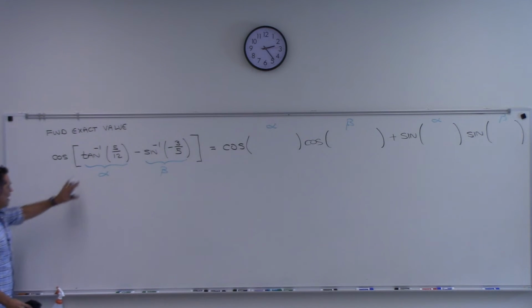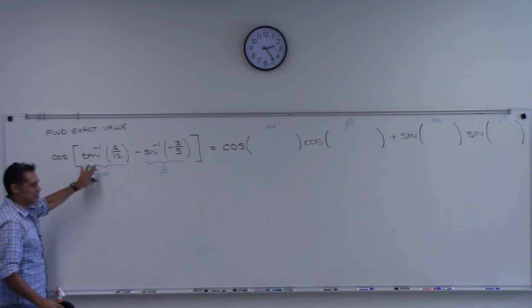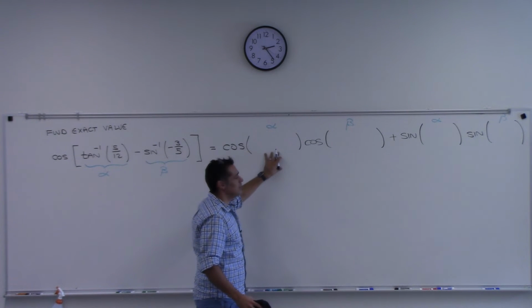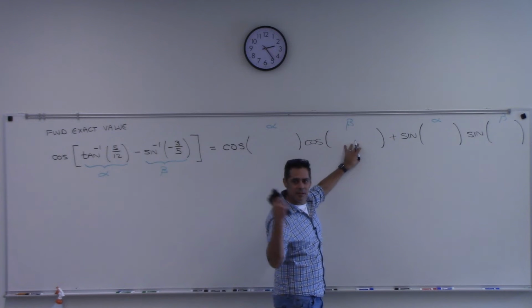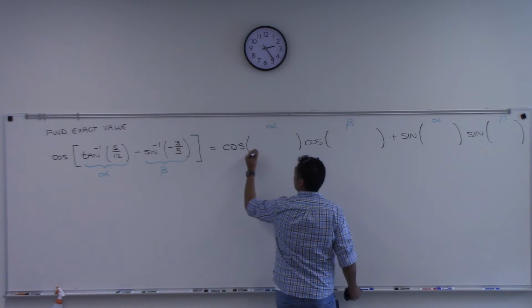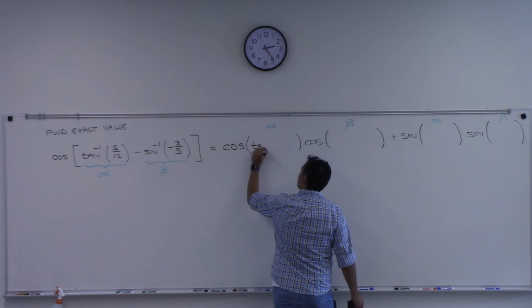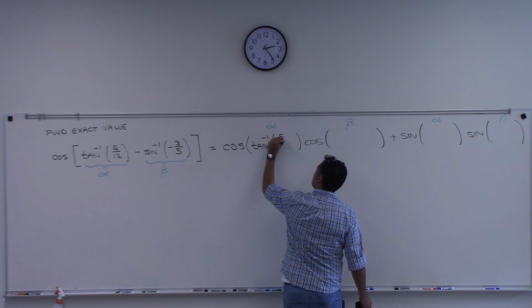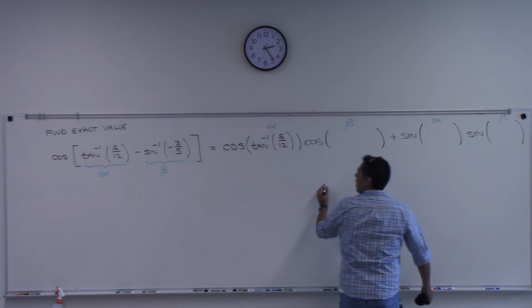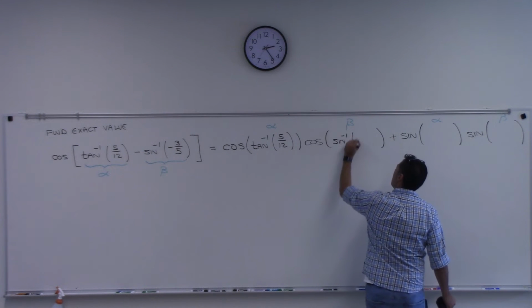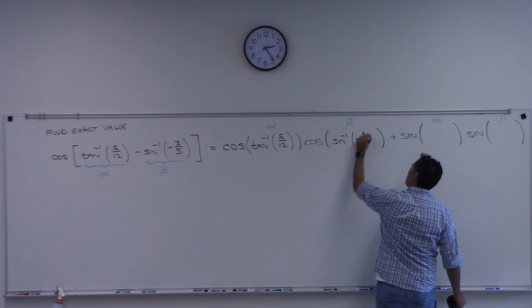But what's alpha? This. So that's going to go here, and then beta's going to go there. Okay, so I'm going to write that down. It sucks, but it's tangent inverse of 5/12, and then this right here is sine inverse of -3/5.